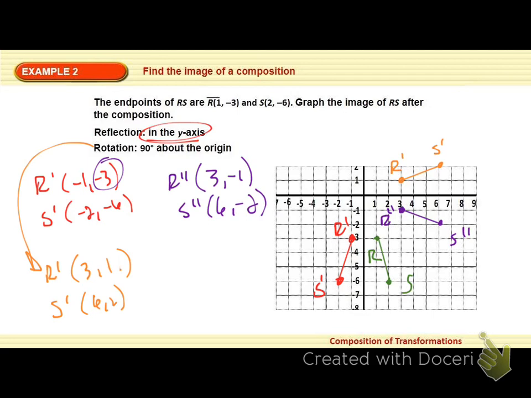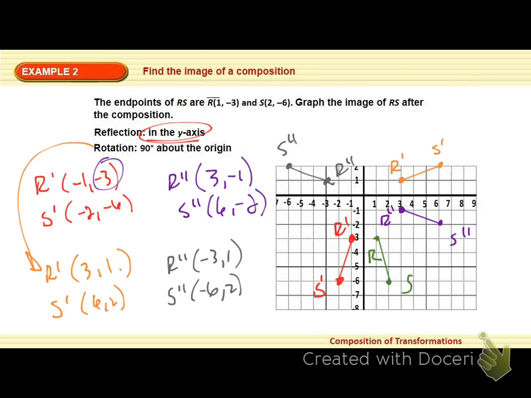And then if we reflect over the y-axis, we're going to get R double prime, right? If we're reflecting over the y-axis, we change the sign on x. And so R double prime ends up here, S double prime ends up here, and the answer to the question is, does it matter?